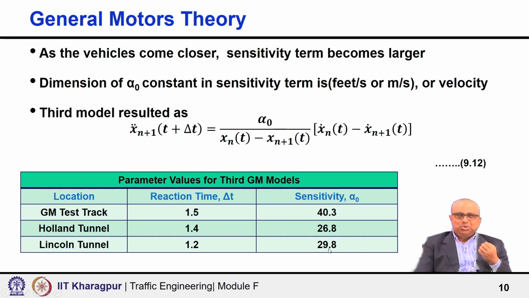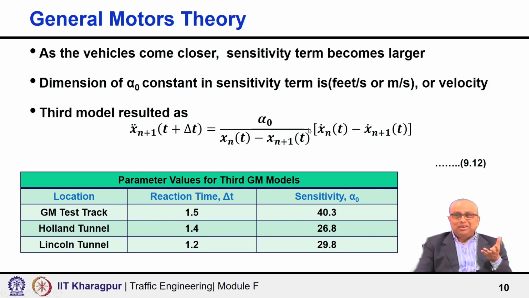Here, two cases are closer, 26.8 and 29.8 as the value of alpha 0, but on the GM test track, the first case was 40.3. So, something could be explained, but it still looks like something is influencing alpha 0. It is not really a constant, that is the indication.